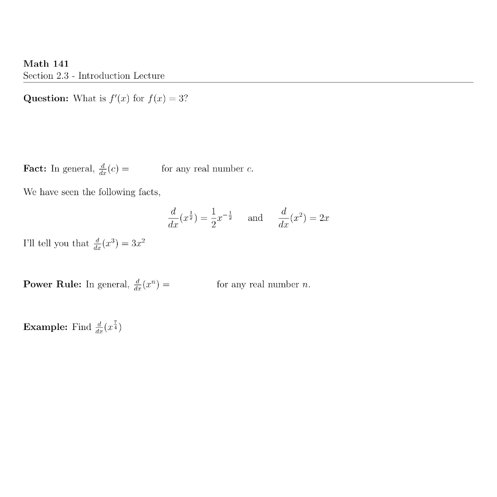So the first question says, what is f prime of x for f of x equals 3? I think we've seen an example like this, but this is just the limit as h approaches 0 of f of x plus h minus f of x, divided by h.